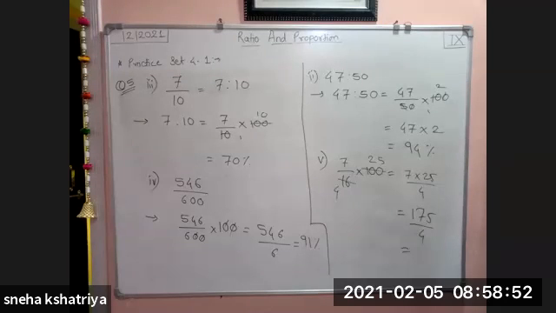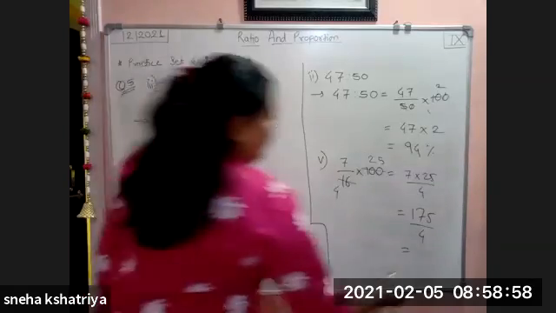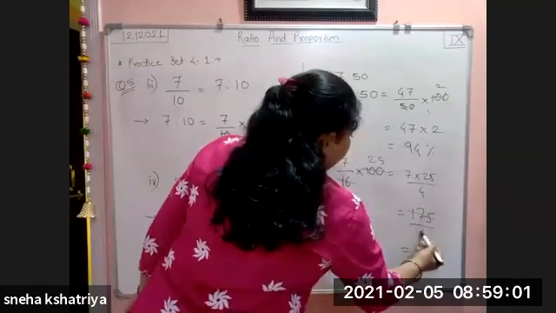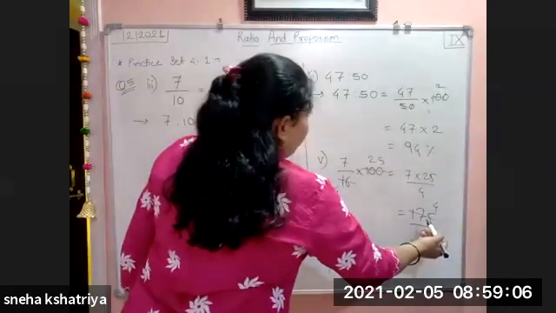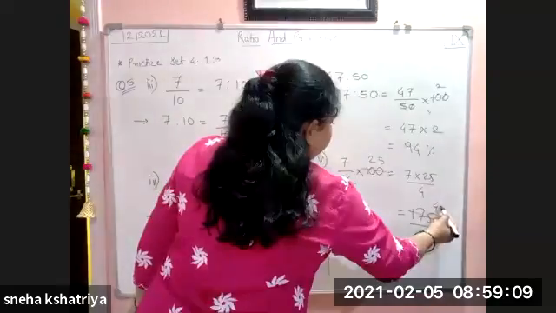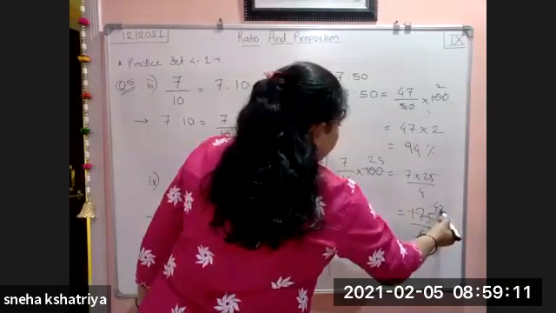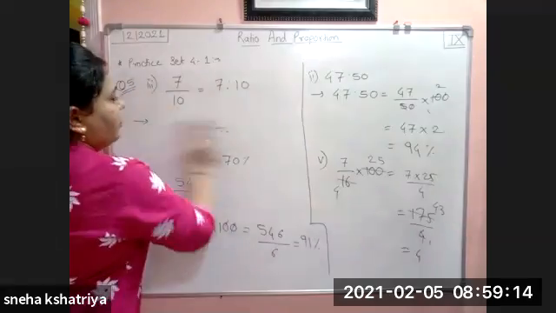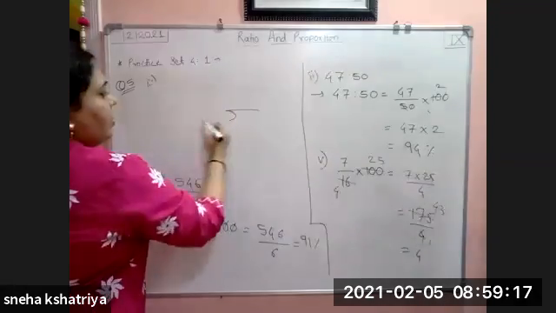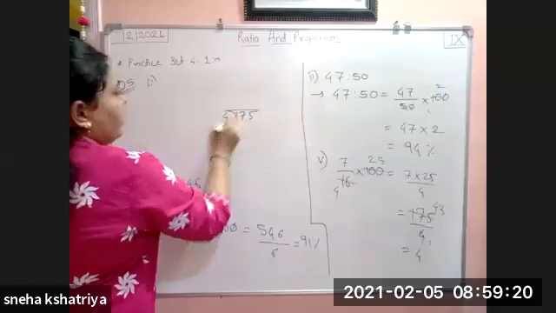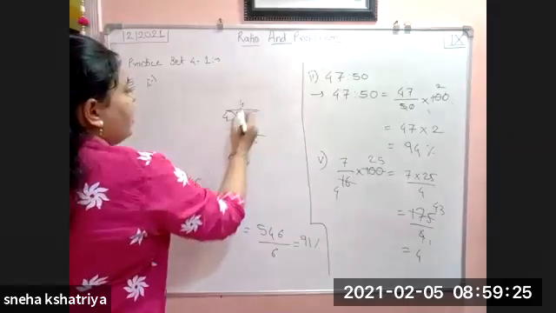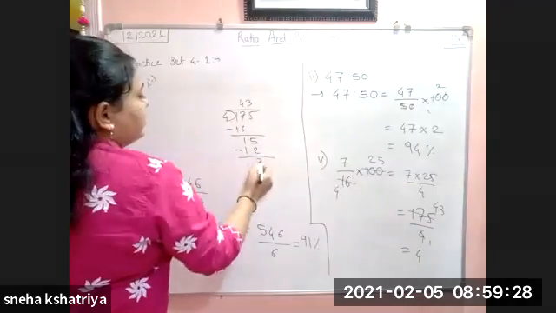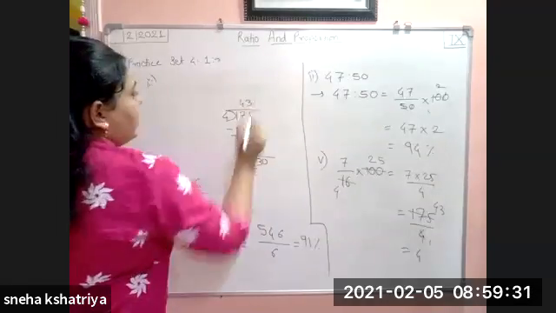Now you can find it by dividing by 4. 4 fours are 16, 1 remains, 15 is again there. 4 threes are 12, 3 remains, 0 we take a point.